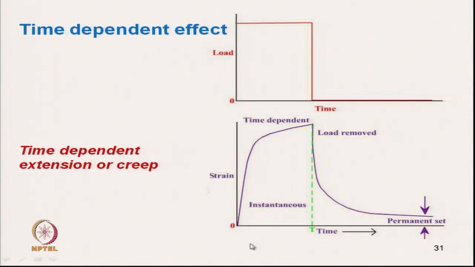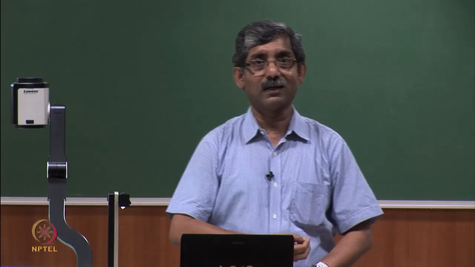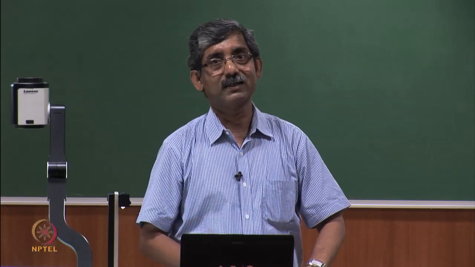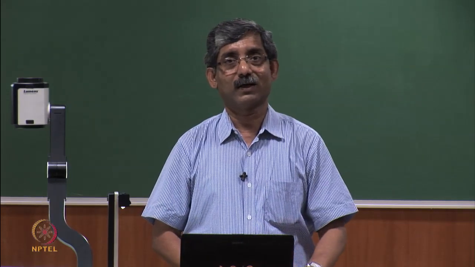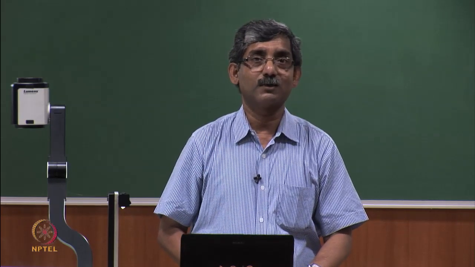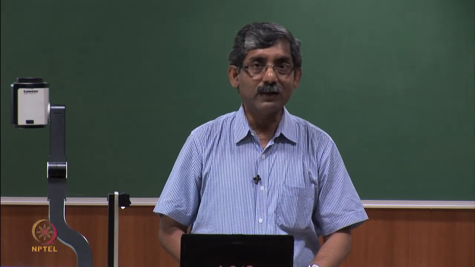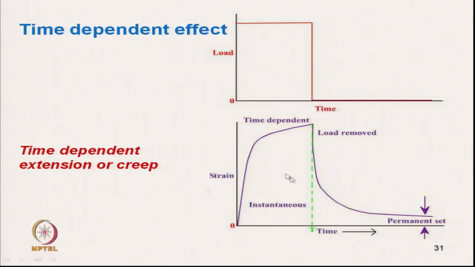Now, once it is loaded, there will be two types of extension. Suddenly we are hanging a constant load, it is not that load is increasing continuously at a certain rate. Suddenly we are hanging a certain load. Here, as per this curve, it is loaded. So, during that time there will be one instantaneous extension.